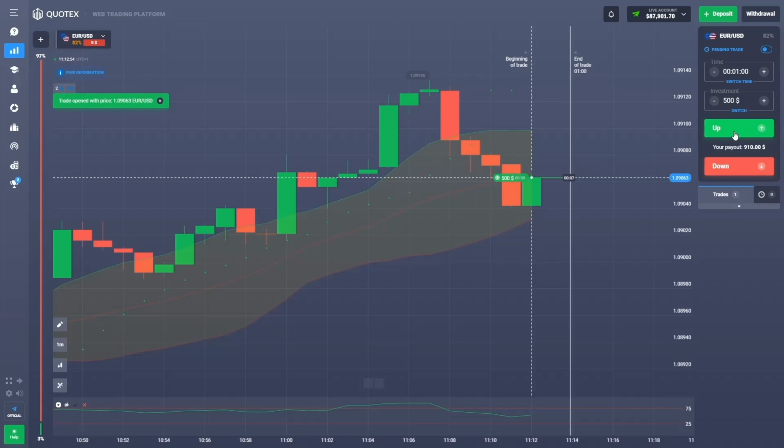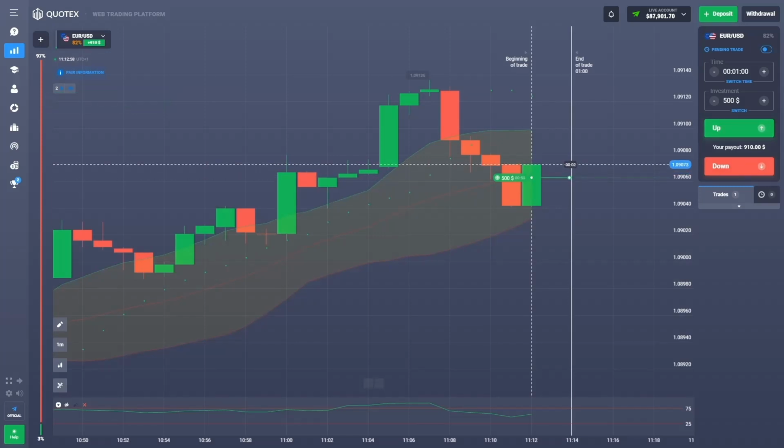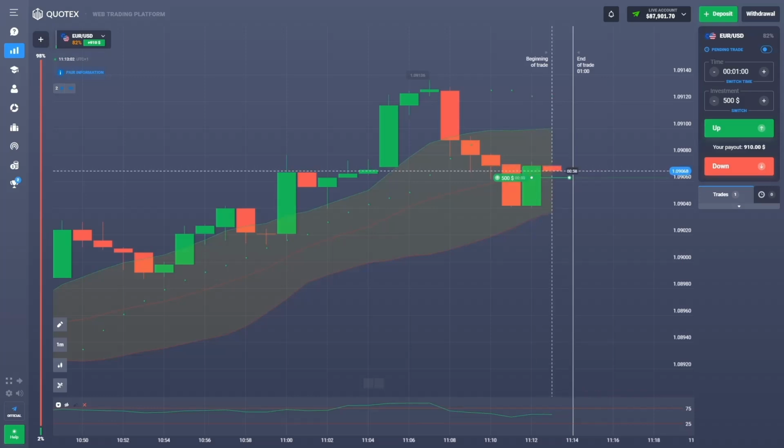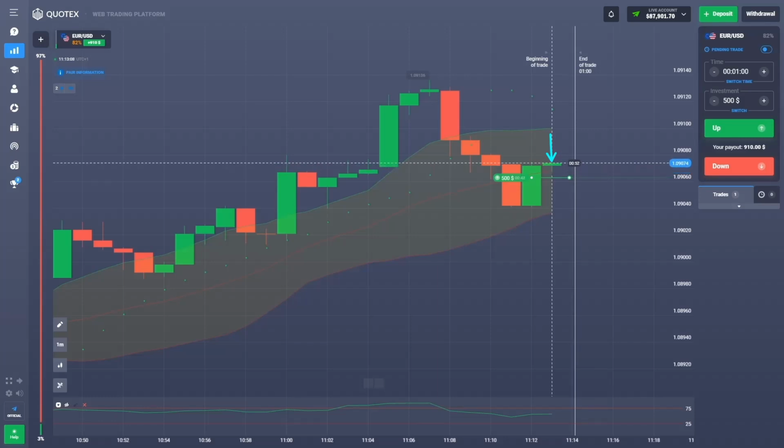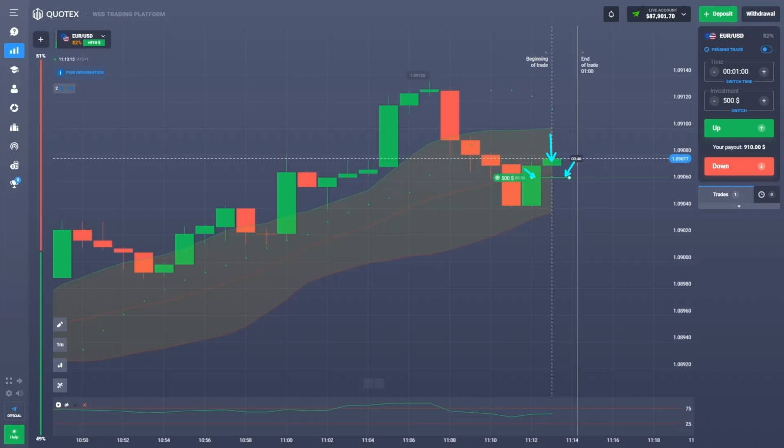Let's go up this time. Here the market is creating... let me just explain to you. Here, perhaps we will see a red candle, but even with a red candle, I'm going to make a win. Why?